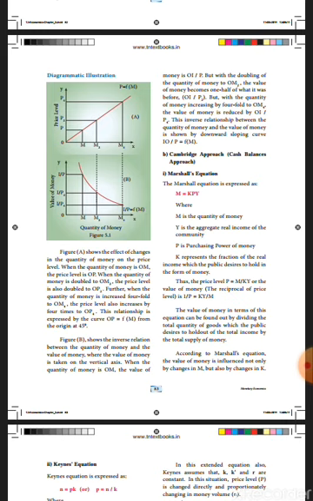If quantity of money is doubled to OM2 on the x-axis, the value of money becomes 1/2.